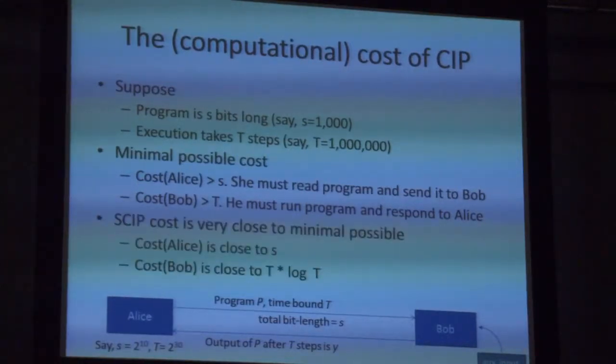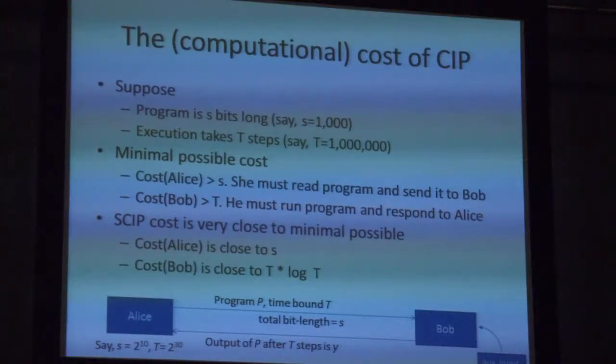What we achieve in our system is very close to that. The cost to Alice is going to be very close to S. It's going to be a small polynomial in S, and we'll have benchmarks to see how small it is. But it's really quite efficient. And the cost to Bob is, again, very close to T log T. It's going to be something like T times log T squared or cubed. And again, we'll have benchmarks to see how it works.